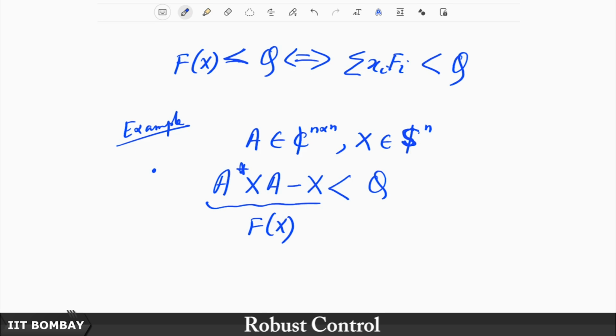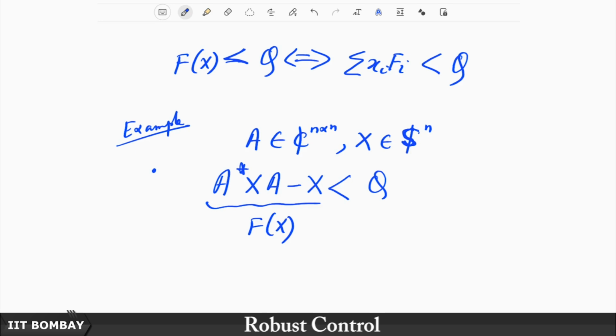Is it linear? Well, of course it is. Just go ahead and check. Take x1 and x2 as two symmetric matrices and check whether f of alpha x1 plus beta x2 satisfies the same properties, right? Then you will know that this is indeed a linear map, right?